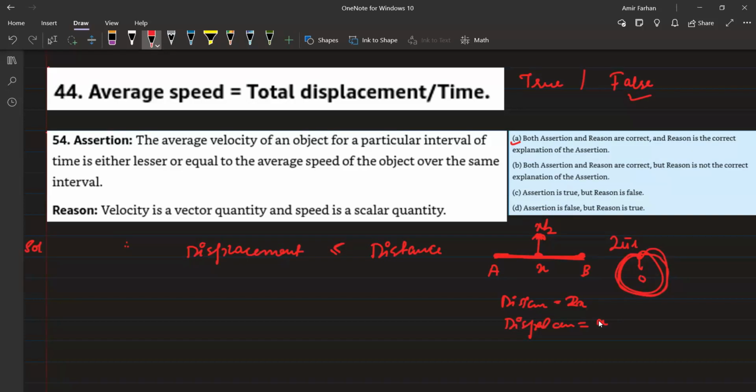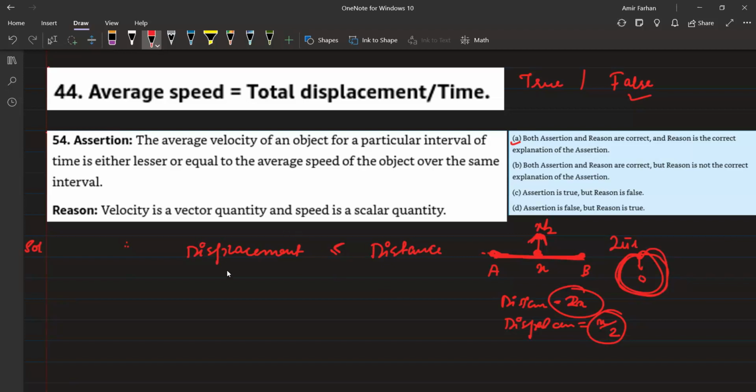What about the rest of you? Displacement will be X by 2, because the initial point is this and the final point is this. So the distance between the initial and final point is half X, X by 2. Please let me know, which one is greater, distance or displacement? Obviously distance is greater.